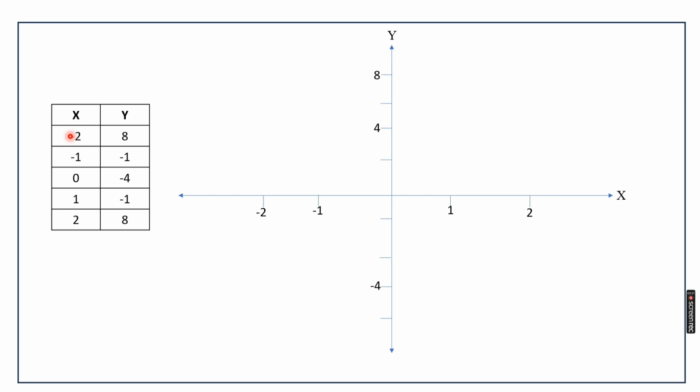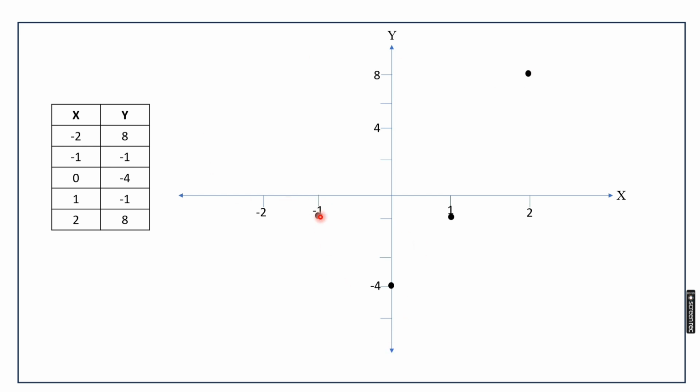When we take 0, it means this value, and y is negative 4. And when we take 1, it is negative 1. From this point we can connect. When we take 2, y is 8, and the intersection point is this point.